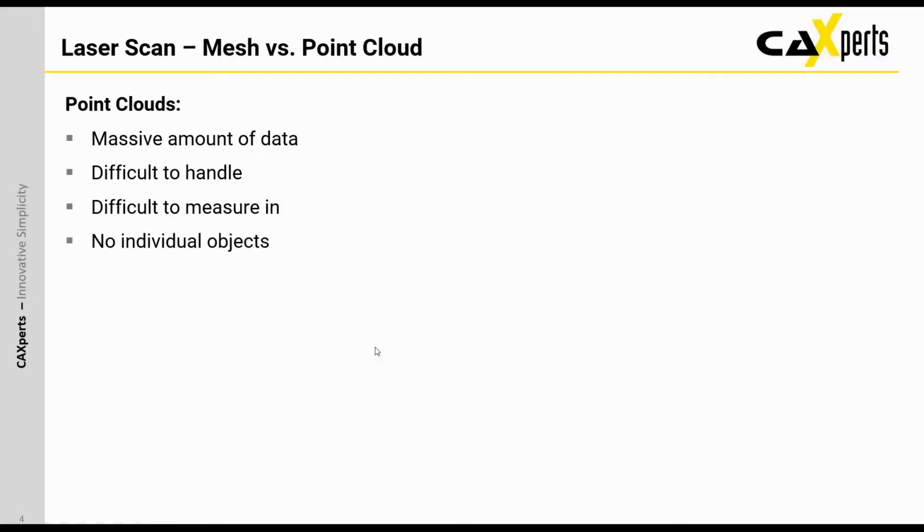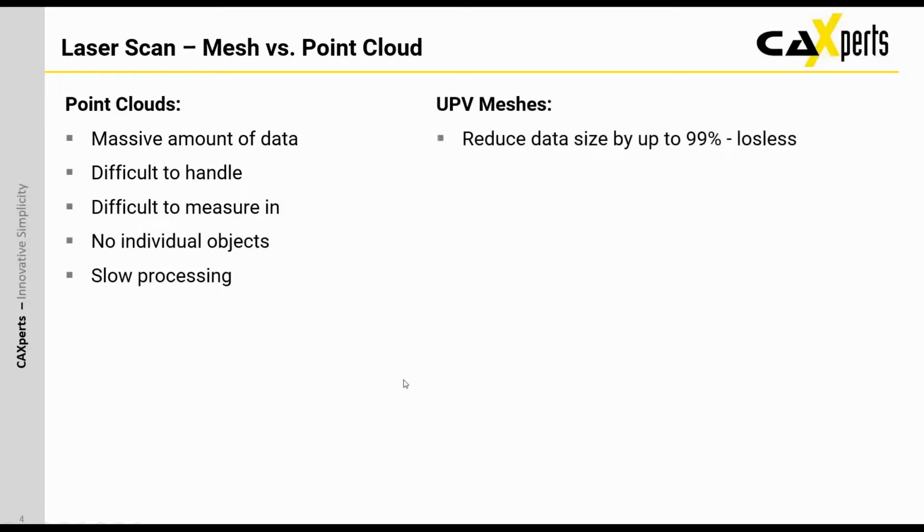You don't have individual objects, and you have quite slow processing. Whereas the UPV meshes are reduced in size by up to 90% and basically lossless because we're combining this point information into real objects with real volumes and surfaces.